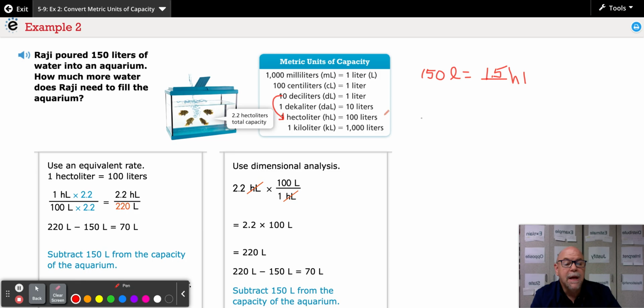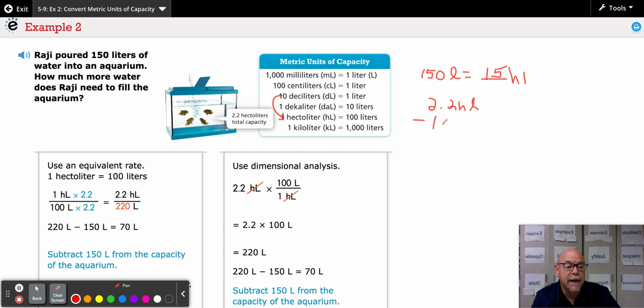All right. So doing it this way, let's see, the 150. This is how much he poured in, and the capacity is 2.2. So 2.2 hectoliters. That's a 2.